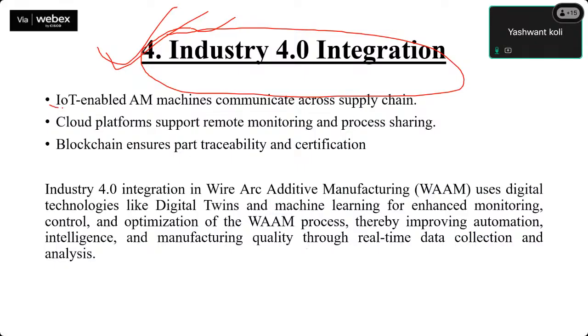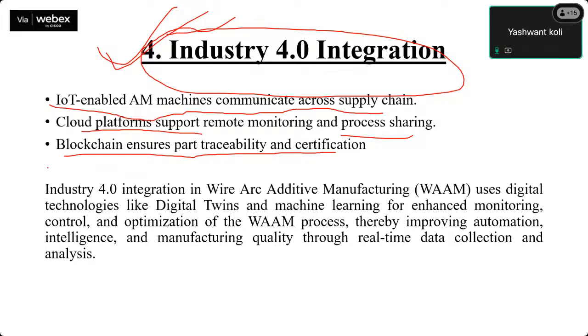So this is IoT-enabled AM machine communication: communicate across the supply chain, cloud platform support, remote monitoring, and process sharing. Blockchain ensures part traceability and certification. So Industry 4.0 integration in VAM uses digital technologies like digital twins and machine learning that we have already discussed, DT and ML.